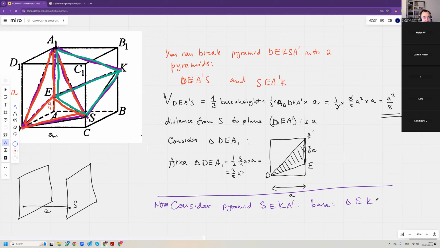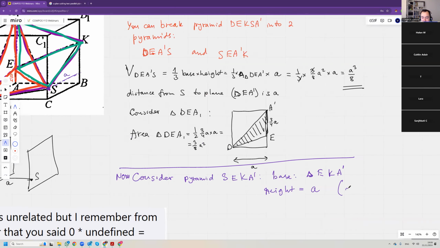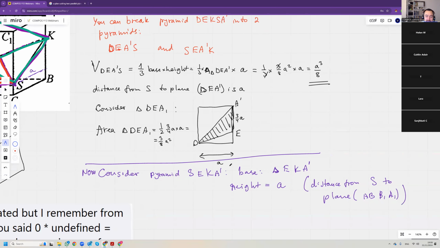Oh yeah, it will. EKA' is the base of the pyramid, and the height is this line, so it is A. The height is A because the distance from S to the plane ABB'A' is A.